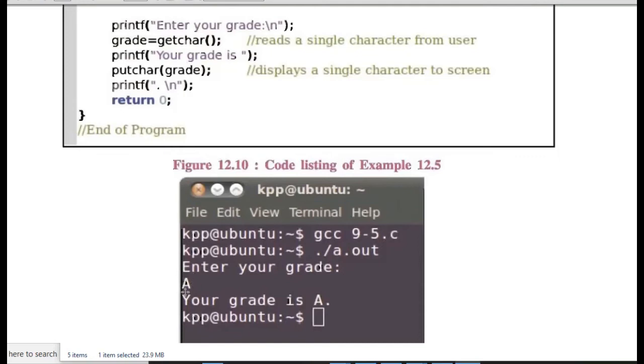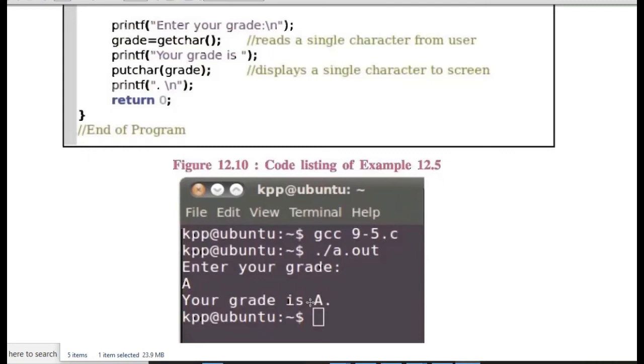Now this a is entered by the user, and using grade is equal to getchar, we have given this value to the grade variable. Now using this printf, your grade is, you are getting it here. And since there is no backslash n, the next output will be on the same line.